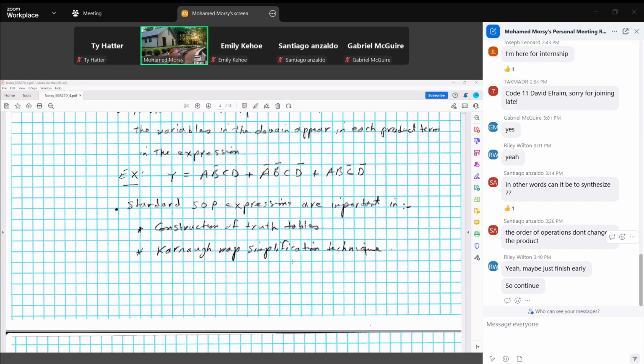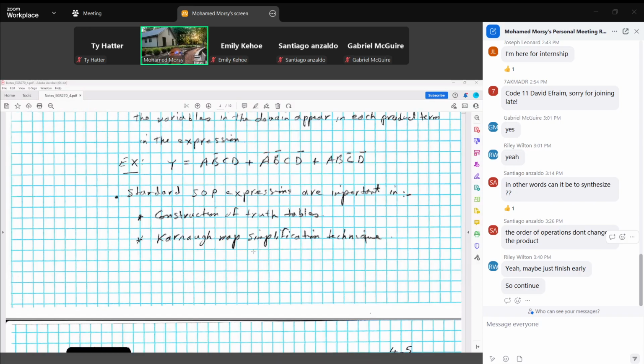Okay, so let us go step by step to avoid any confusion. For the time being, this standard form is important for 2 things: to construct the truth table, and to draw the Karnaugh map. To do any one of them, we must have this expression in the standard form.